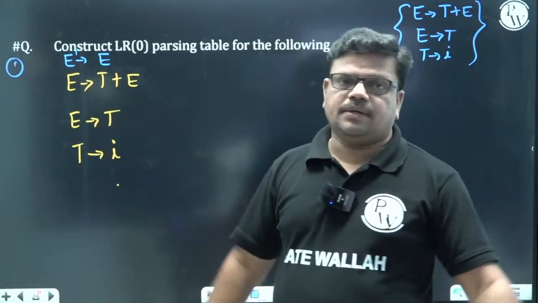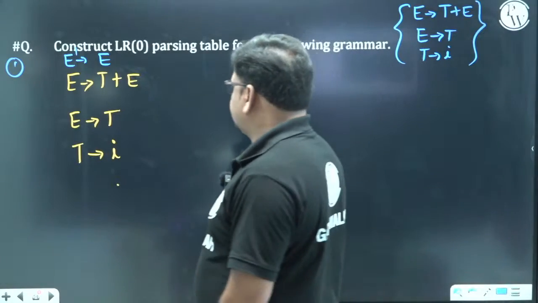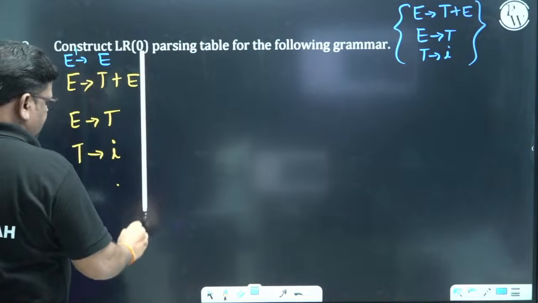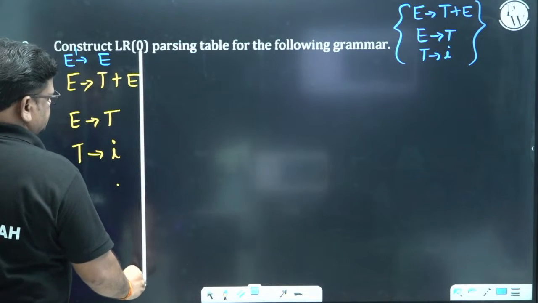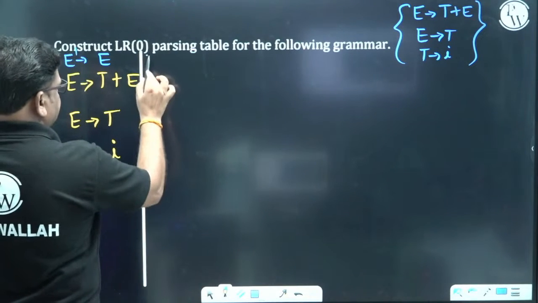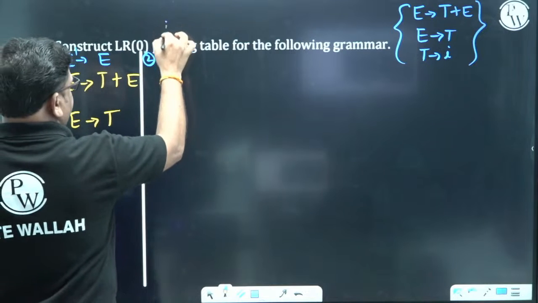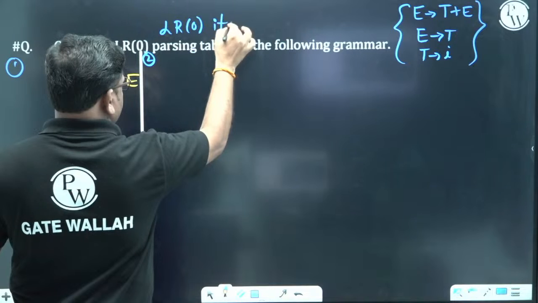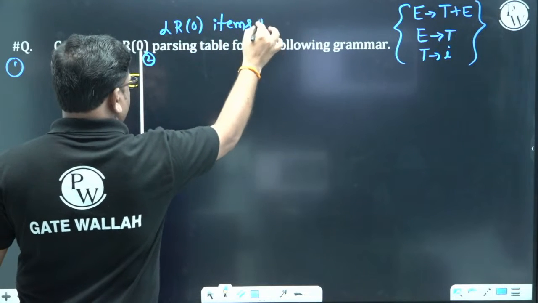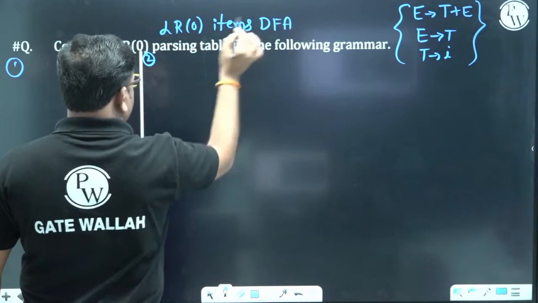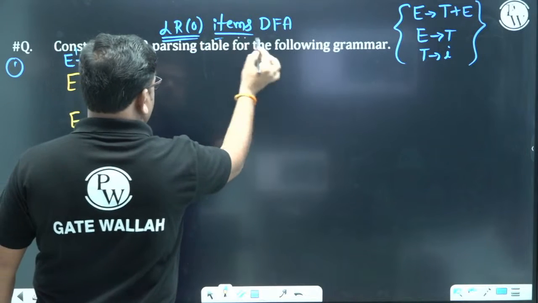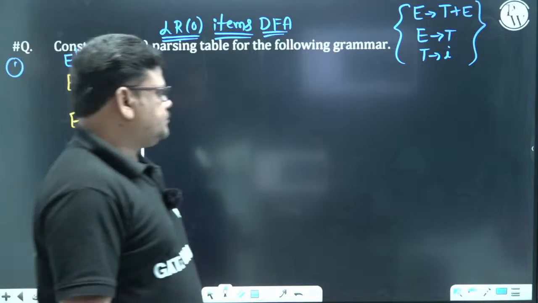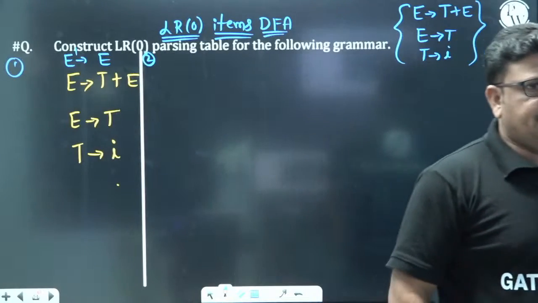So next, let us try to construct the LR0 items DFA. Second step, LR0 items DFA construction.